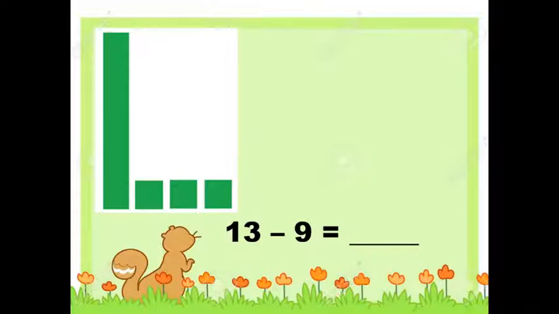We have 13 minus 9. And we have a place value that represents our bigger number, which is 13. Can we subtract 9 using these place value blocks?